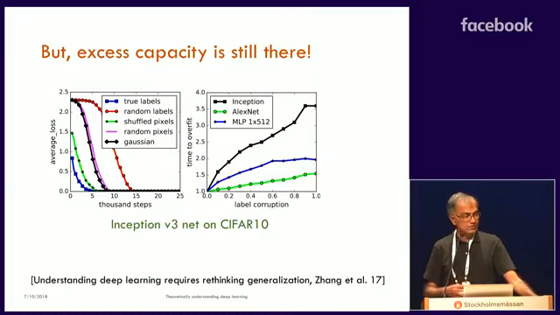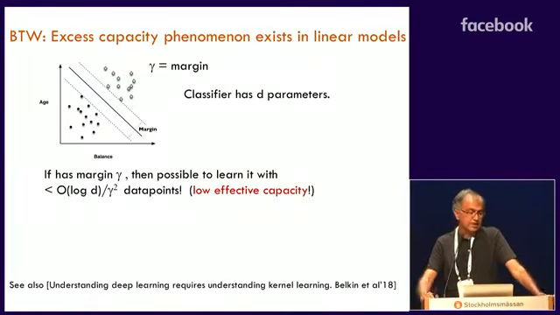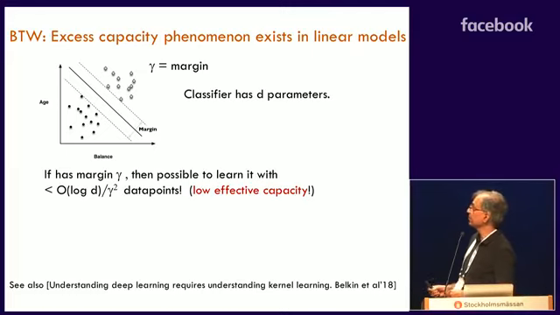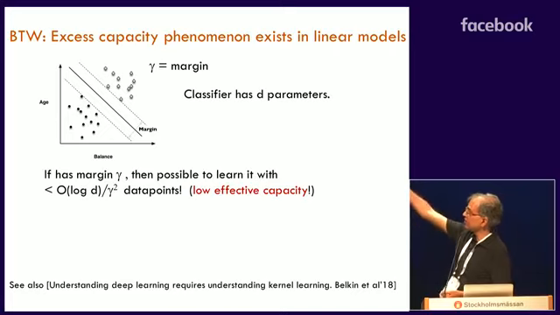Now, I know this paper is very well known, but I should also tell you that in the theory community, many people had a bemused expression when they saw this title. Okay, the experiment is cool, but the excess capacity phenomenon exists in linear models as well, and this is long known. So exactly the same phenomenon. It's known that for most of the linear classification tasks that you are interested in, the linear classifier has a margin. Let's say the margin is gamma, separating the positive and the negative examples.